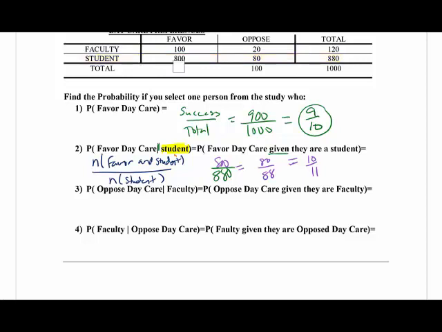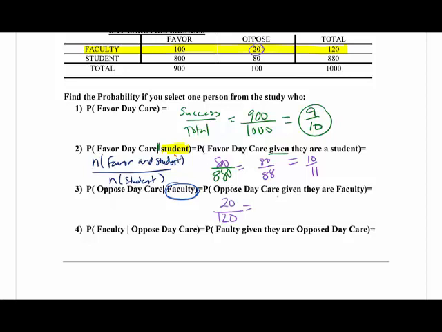So looking at number 3, this is my given piece. So now I am only looking at faculty. So my total possibilities for that is 120. Out of those 120, how many of them also oppose daycare, which is the 20?